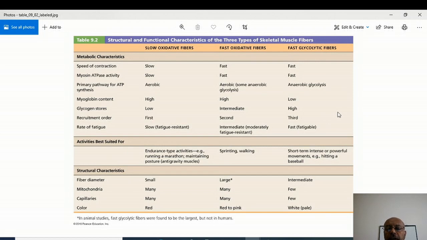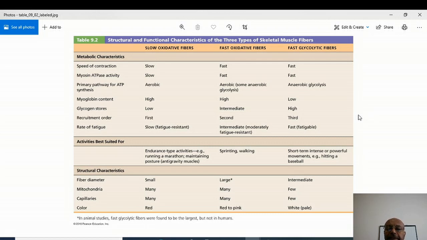Muscles are classified into three groups on the basis of two criteria. The first criteria is how quickly the muscle contracts. The second criteria is how the muscle cell produces ATP. Does it produce predominantly by glycolysis or by the oxidative method in the mitochondria?